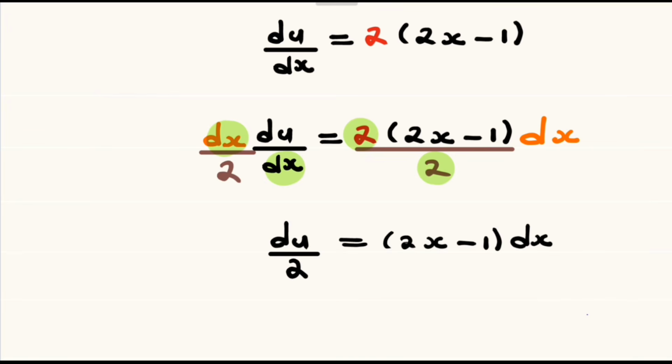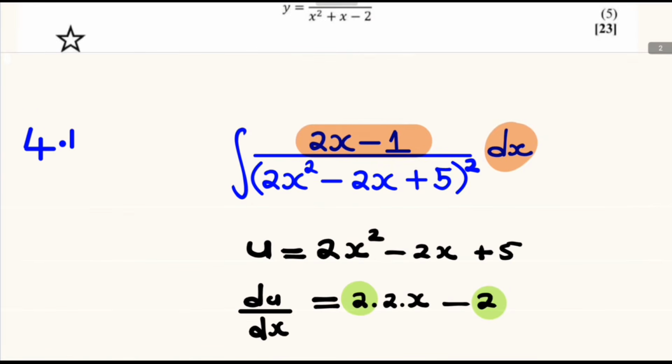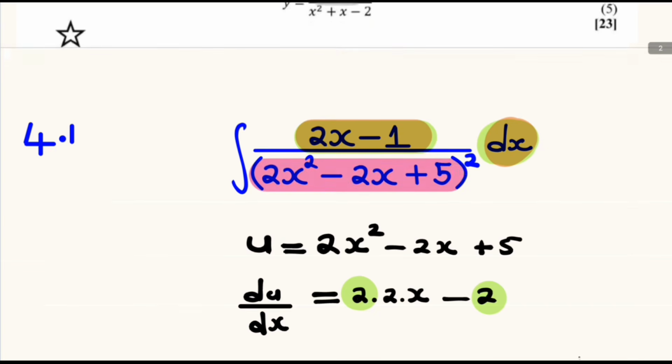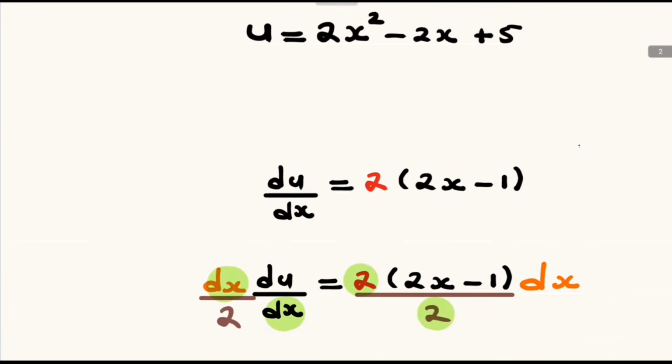So in the place of the 2x minus 1 multiplied by the dx, we'll substitute du over 2, and in the place of the 2x squared minus 2x plus 5, we will substitute the u.